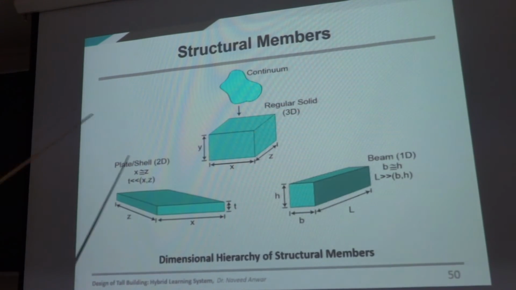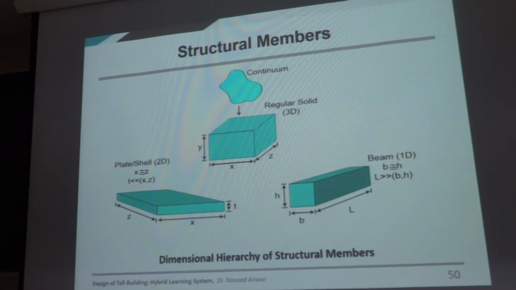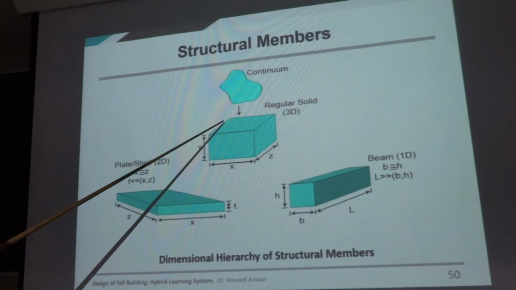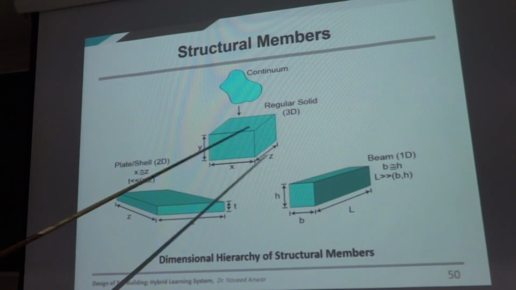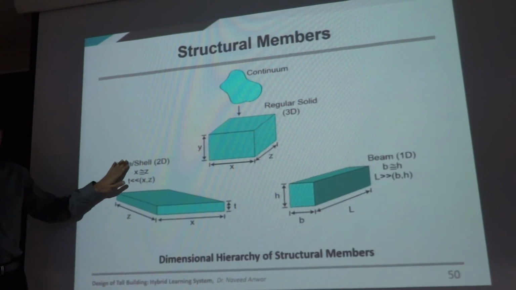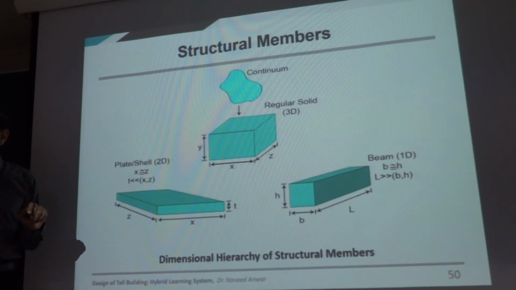So basically, how do we simplify this problem? For our convenience, we simplify it by using this one. You have seen this slide before also. You remember, continuum, regular solid, plate shell, beam. I told you that I will talk about this in the next course. Now is the time that we talk about the difference.